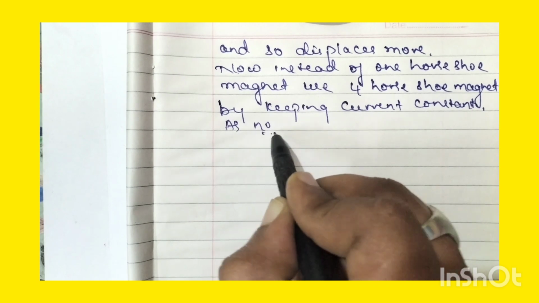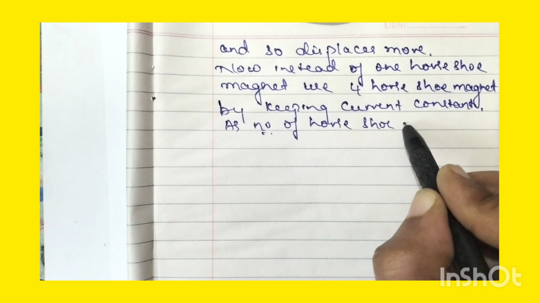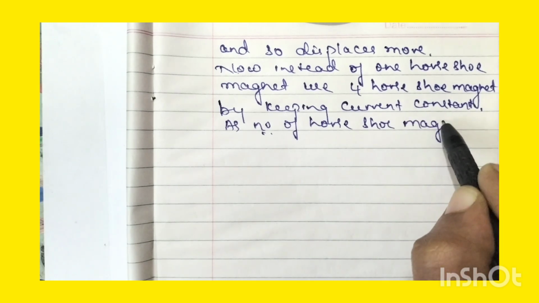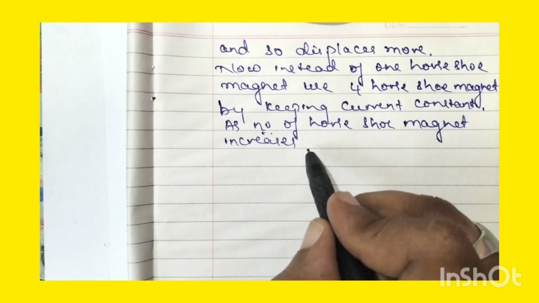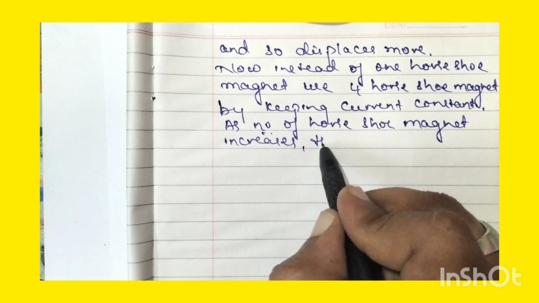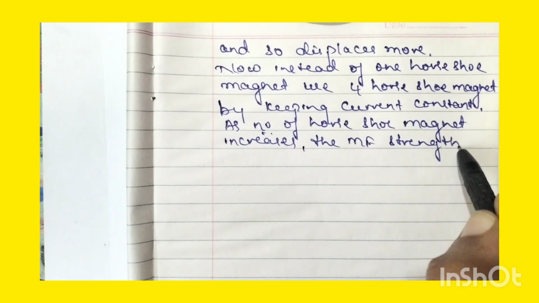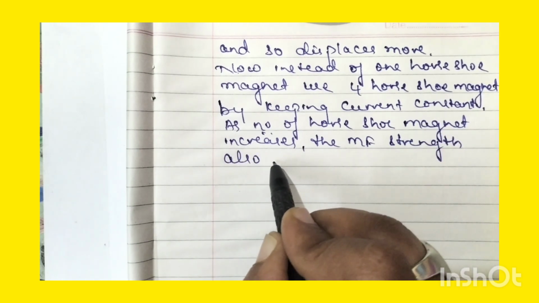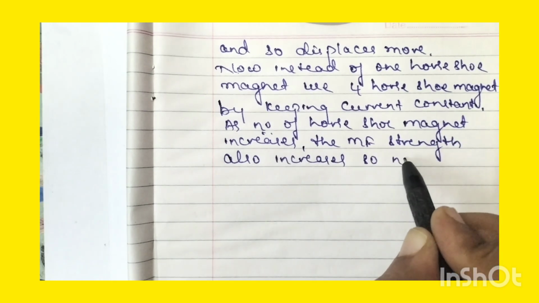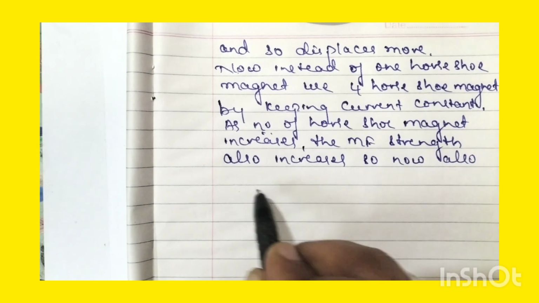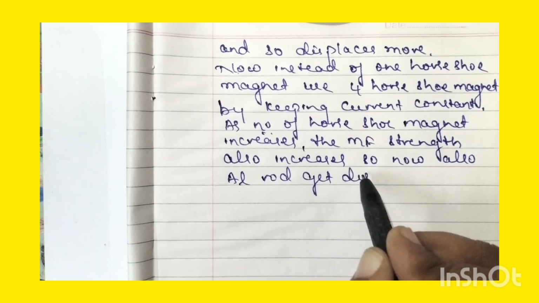As the number of horseshoe magnets increases, the magnetic field strength also increases. So now also the aluminium rod gets displaced more.